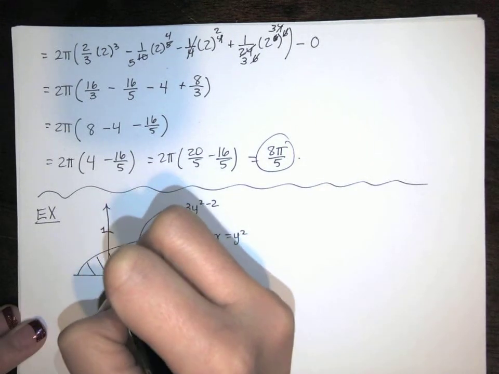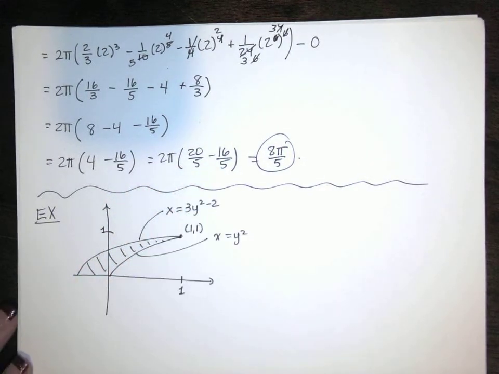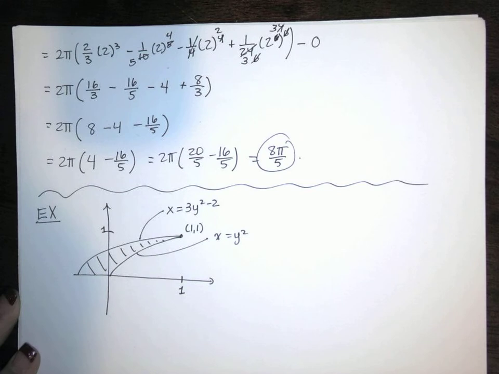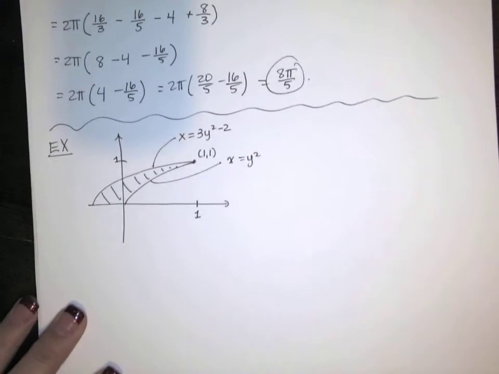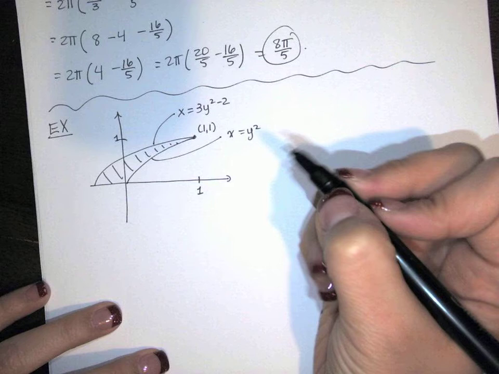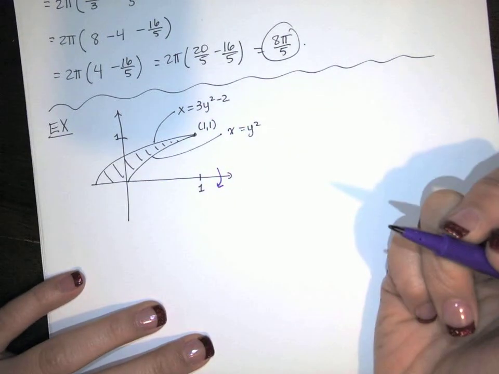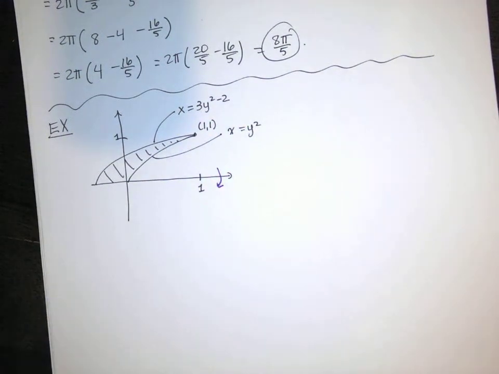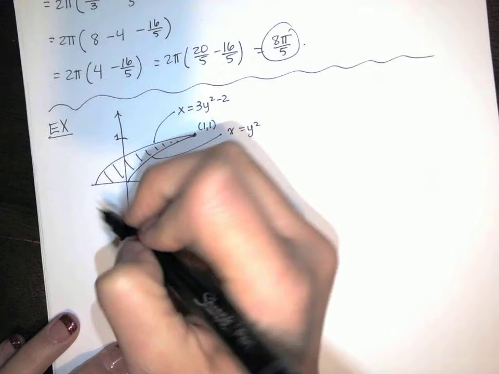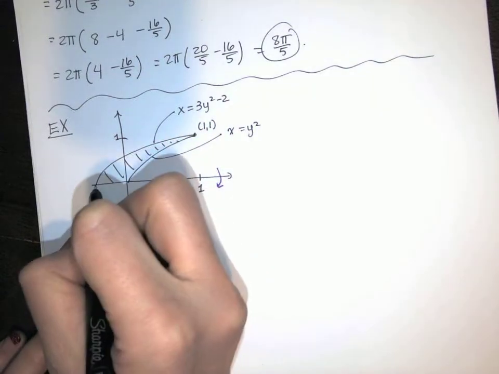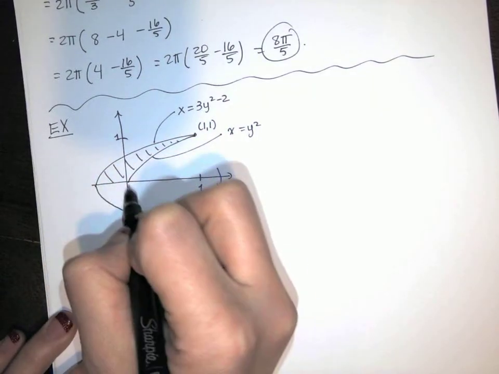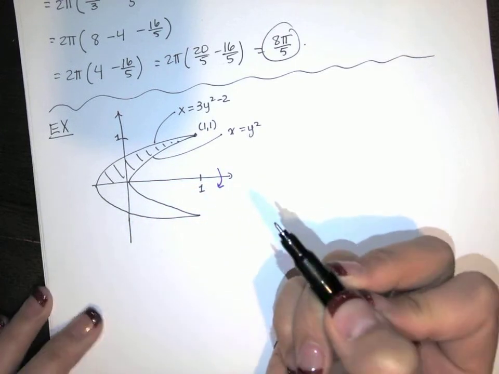And we're taking this region and we're revolving it. Let's see. Let's revolve around the x-axis this time. When I revolve around the x-axis, I'm going to see something that looks like this. Oh, that's so horrible.